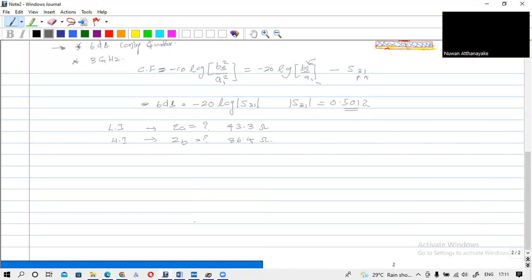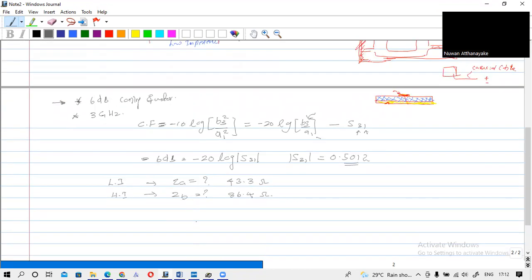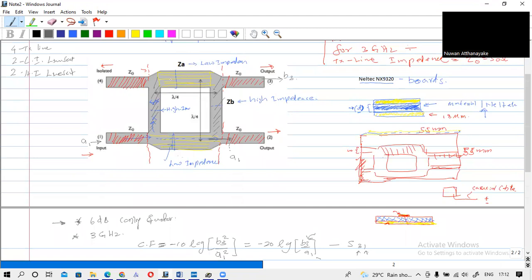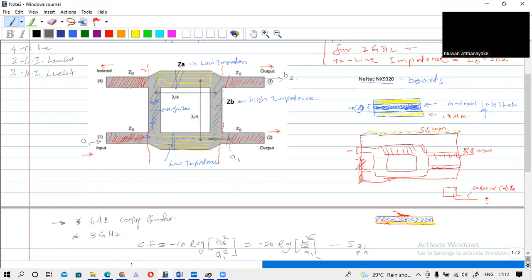Now I have calculated the characteristic impedance of this transmission section, or microstrip. I have calculated this one and this one, these are low impedance sections, and this one and this one, these are high impedance sections. And what is the characteristic impedance for the transmission line?